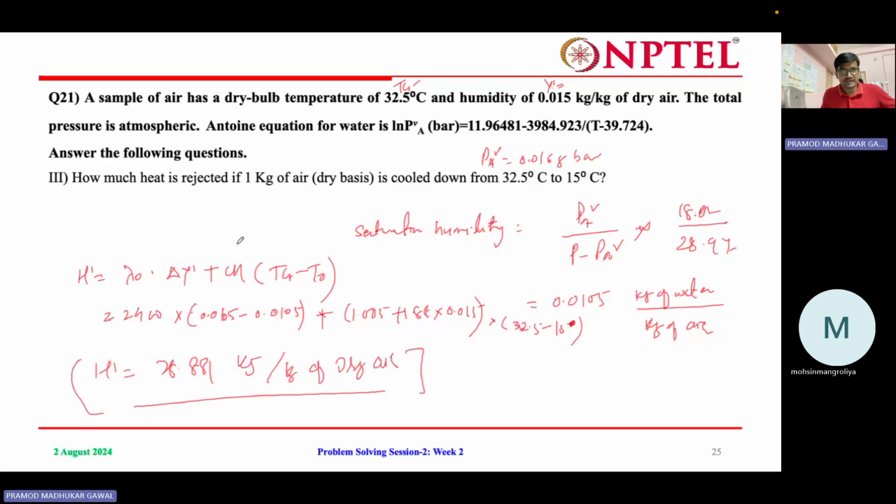So heat rejected if 1 kg of dry air is cooled down from 32.5 degrees Celsius to 15 degrees Celsius. So initially we calculate how much heat is rejected. So that concept you can use here.